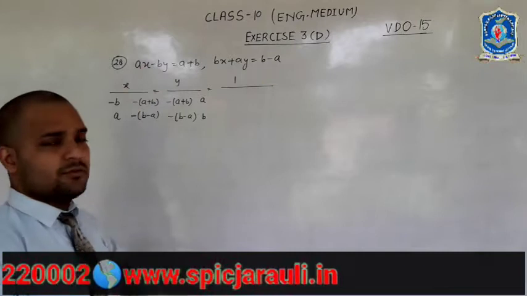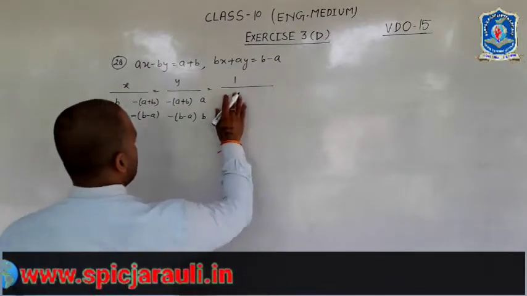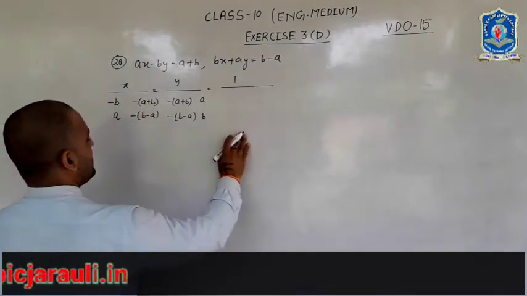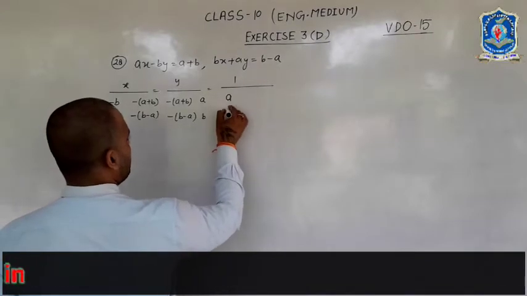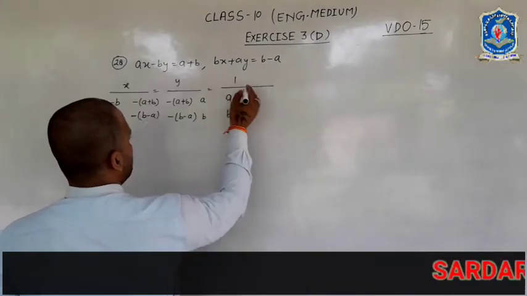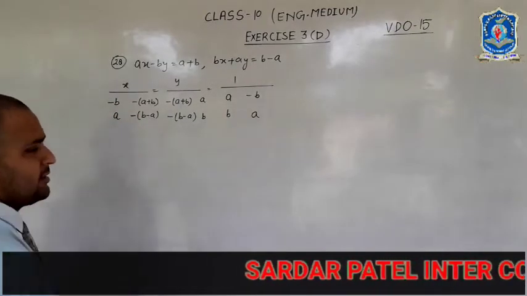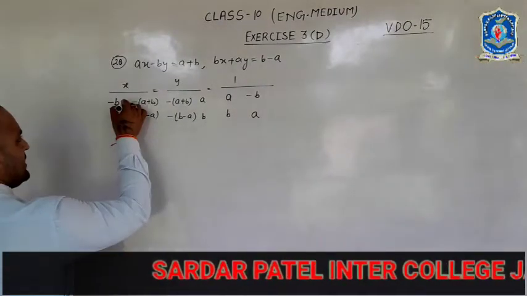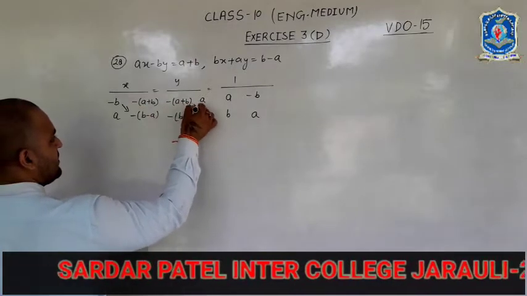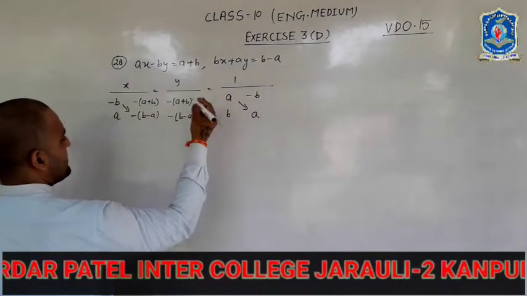Here the constant terms are a upon b and minus b upon a. Now we multiply crosswise.